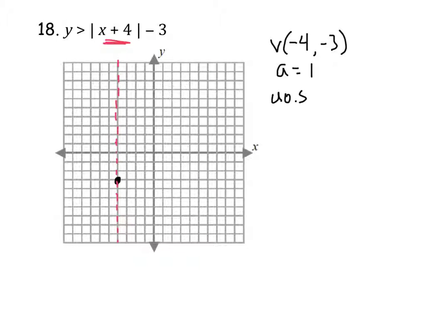So our axis of symmetry is just x equals -4. Remember, it's just x equals, then your x coordinate of your vertex. So that's really easy to find. On the right side of that, our slope is 1. So up 1, right 1. Every single one of those points needs to be mirrored to the other side.